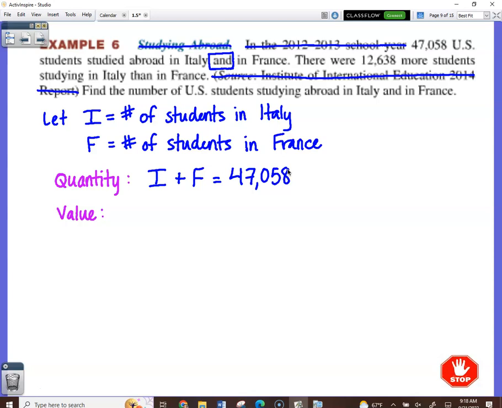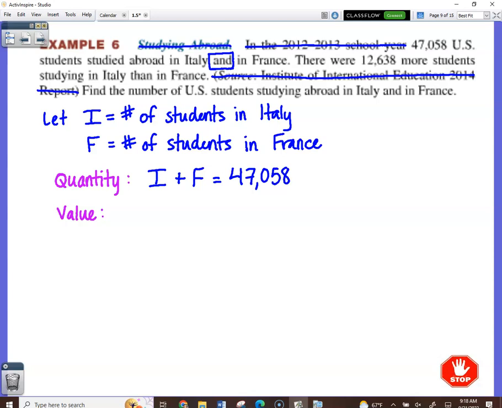Now they're giving you a specific value for Italy in relationship to France. There are 12,638 more kids in Italy than in France. Okay, bar chart. Which bar is higher? Italy's higher.